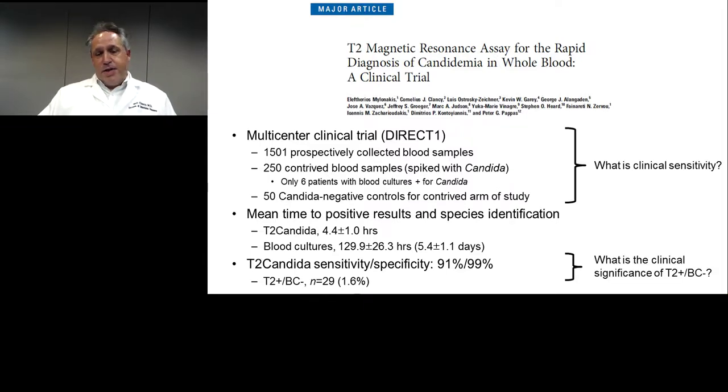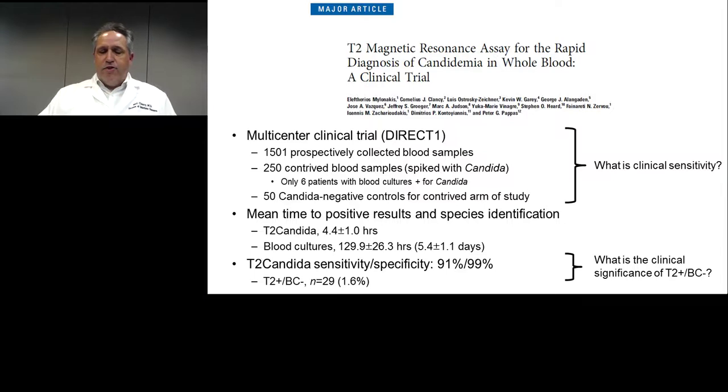So FDA cleared the test based on these data, but there were 2 major questions that were left unresolved at the conclusion of DIRECT-1. And the first is, since only 6 patients actually had candidemia in the original DIRECT-1 trial, what is the clinical sensitivity of the test in real-world clinical experience?